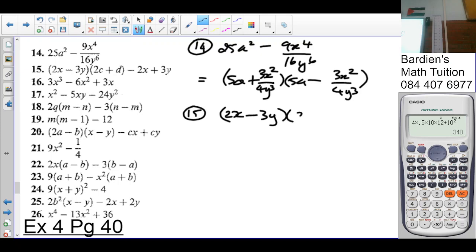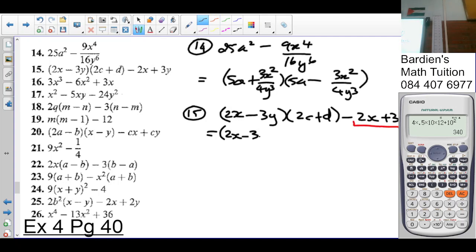Number 15. What can happen in number 15? Can't you swap the signs? Why do you want to swap the signs? We'll factorize it. Remember when the first term is negative? Let's factorize the negative.